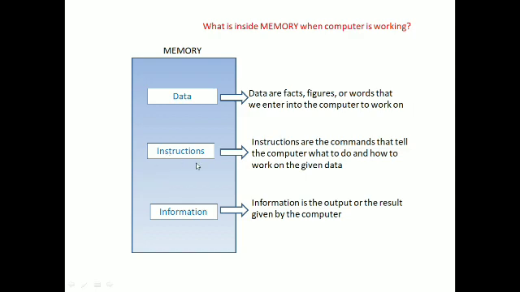And what is an instruction? Instructions are the commands that we tell the computer, what to do and how to work on the given data. And what is information? Information is the output or the result given by the computer.